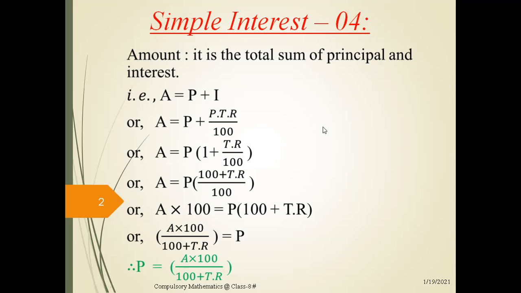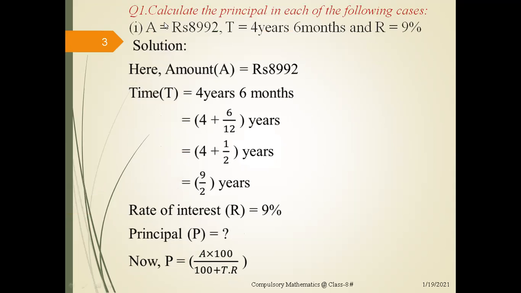Let's move to the next slide, the use of this formula in the solution. Calculate the principal in each of the following cases. Amount is given, 8,992. Time is given, 4 years 6 months. Rate is 9%.